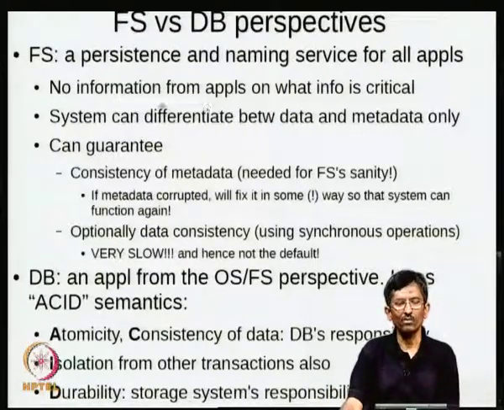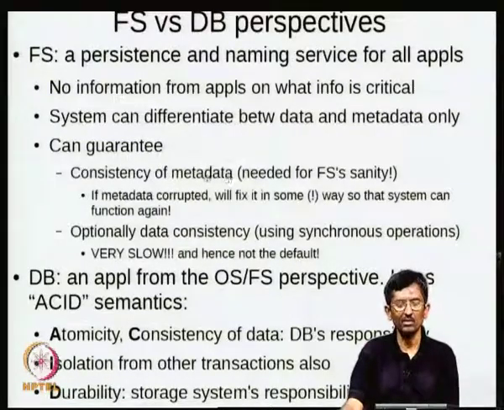So what can a file system do? Because it has got only two types of information, two ways of classifying things, data and metadata, it can possibly guarantee consistency of metadata. This is needed anyway because metadata is kept by the file system to manage the data. So it is needed for file system sanity.